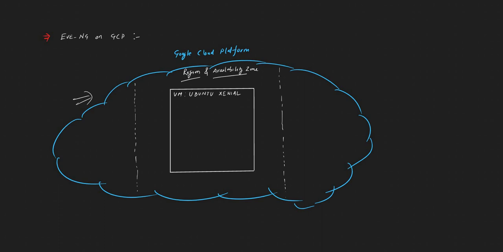I have shown this Google Cloud Platform with this blue color here. It is a blue cloud, and basically it is divided into multiple regions. So we have region 1 here, region 2 here, region 3 here. It is also divided into availability zones. If you are not comfortable with regions and availability zones of a cloud, believe me guys, I have a 5-video series which talks about cloud, and it doesn't talk about a specific cloud.